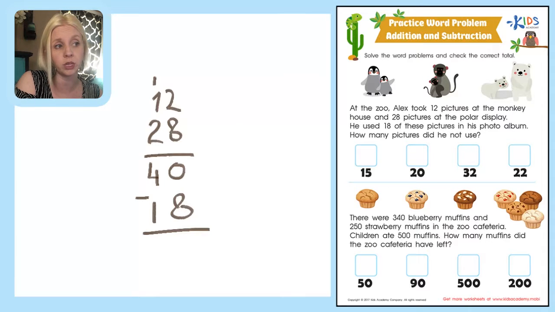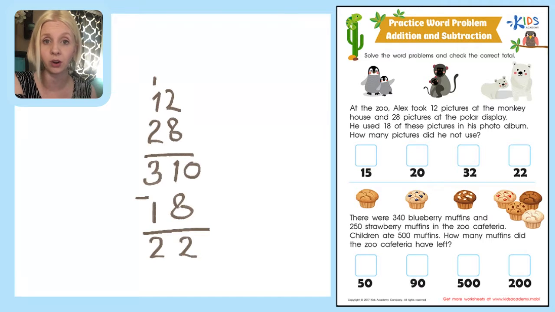So what we need to do is make this 0 a bigger number. So the way we do that is we come over to the 4 over here, and we're going to borrow from the 4. We're going to turn that into a 3, so we're taking 1 from the 4, and we're going to add it over here to our 0 to make 10. So 10 minus 8 is 2, and then 3 minus 1 is 2. So that's 22. That should be our answer.